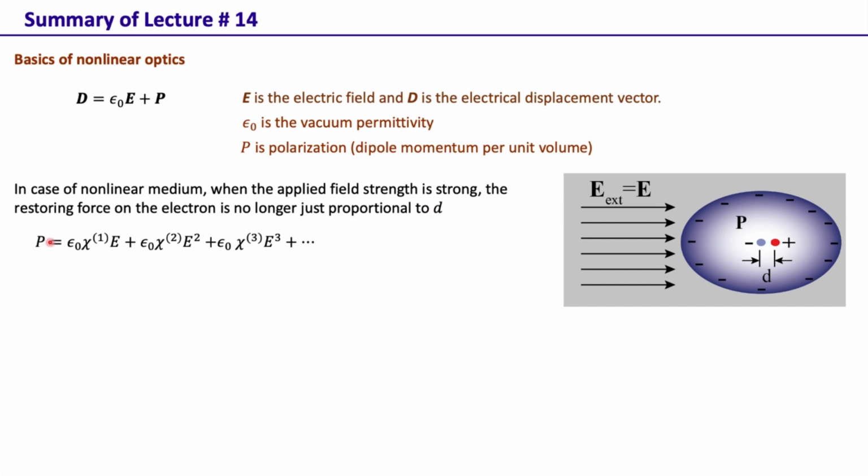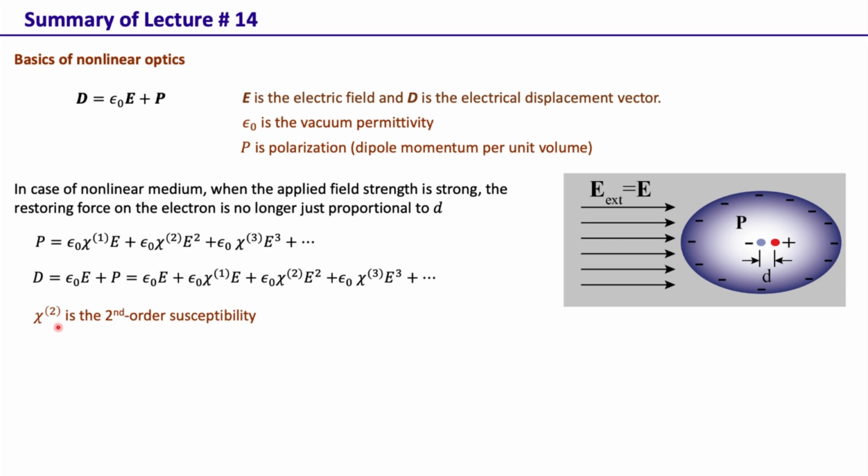In addition to a term proportional to E, polarization also has terms proportional to E square, E cube, and so on. Similarly, the displacement vector will have terms proportional to E square and E cube and so on.